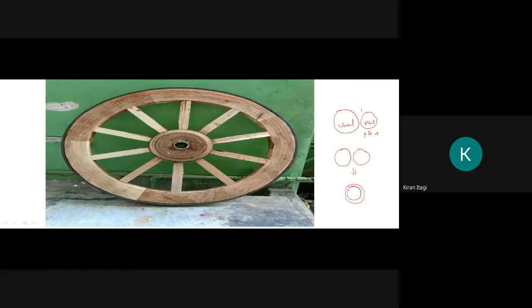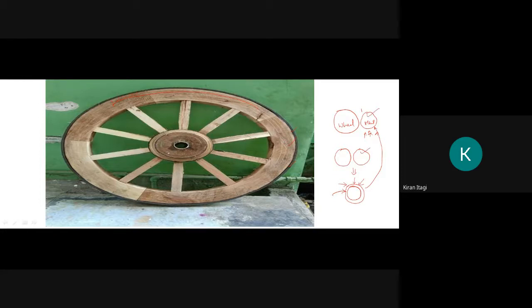Once it is fitted, they will apply water. You know that after cooling the steel contracts, it starts gaining its original position. This is the actual size and this is the size after heating.